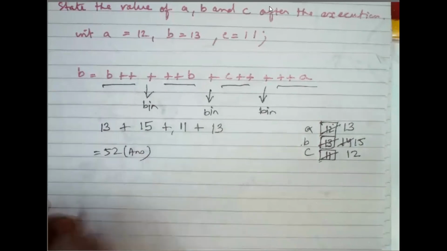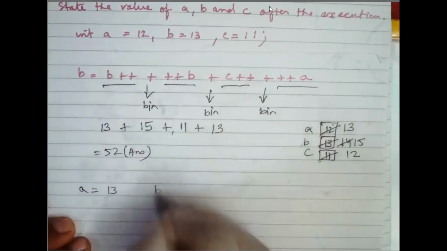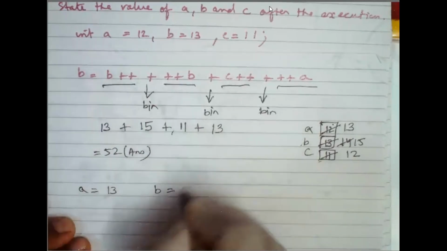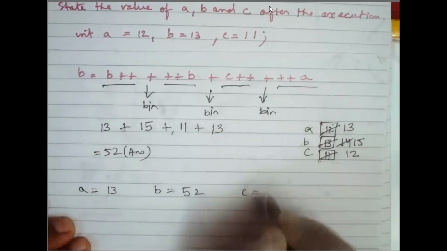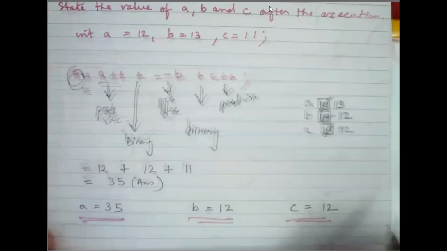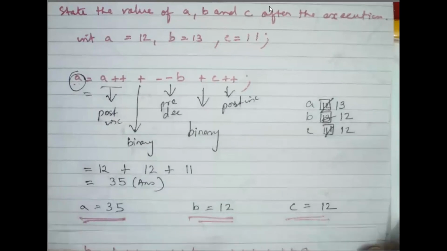So now when I have to write, A's last value is 13. You can see the expression is assigned to B, so the value of B will now change to 52. And C's last value that I had was 12. So you can see the difference.